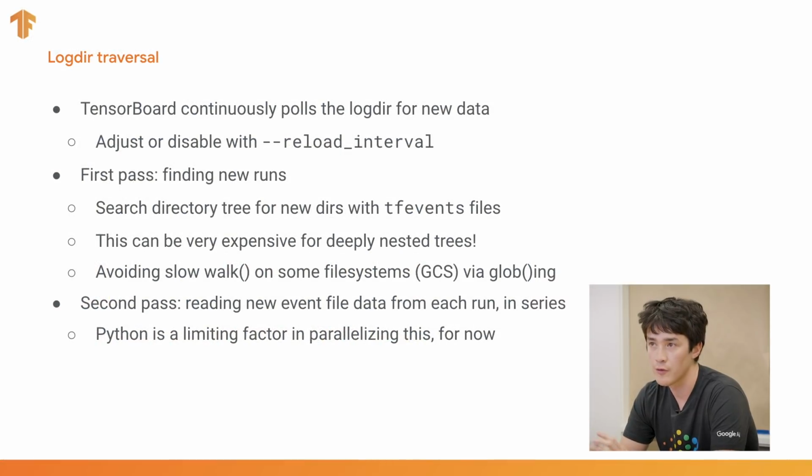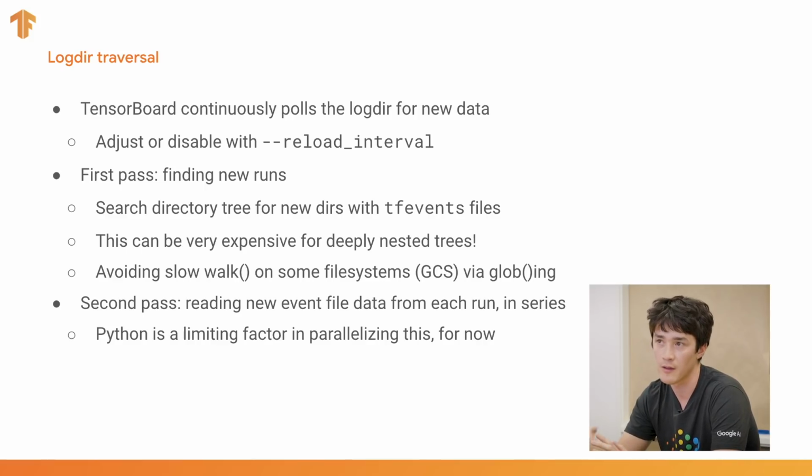And this traversal step happens continuously. TensorBoard will poll the log directory for new data, and this is to facilitate using TensorBoard as a way to monitor the progress of a running job, or even potentially a job that hasn't started yet. You might start TensorBoard and your job at the same time, so this directory may not even exist yet.